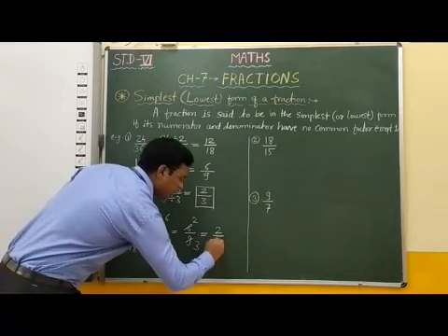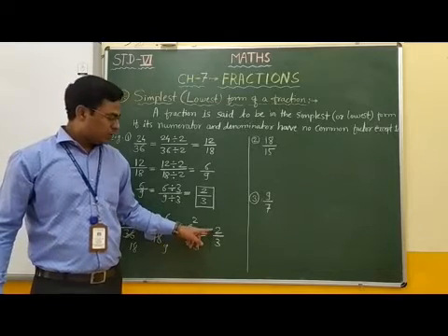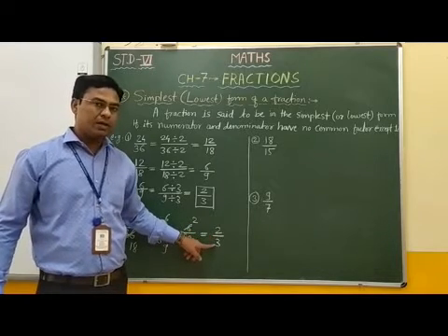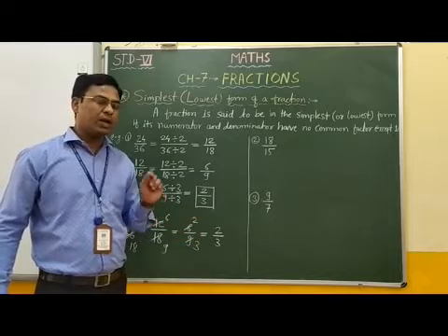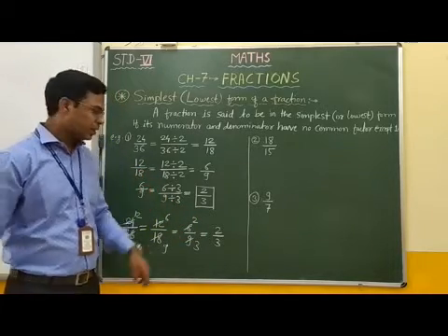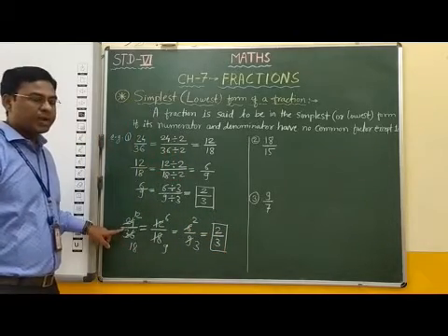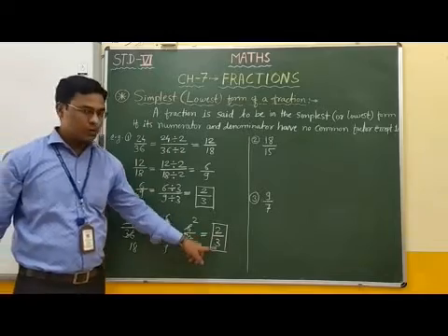Therefore, the answer is 2 by 3. Now, if you observe here, this numerator and denominator both are not divisible by the same number except 1. Therefore, the simplest form of the given fraction is equal to 2 by 3.